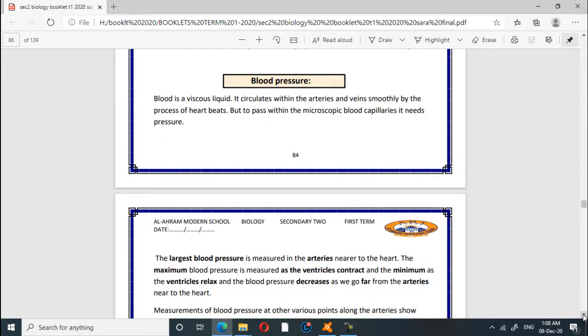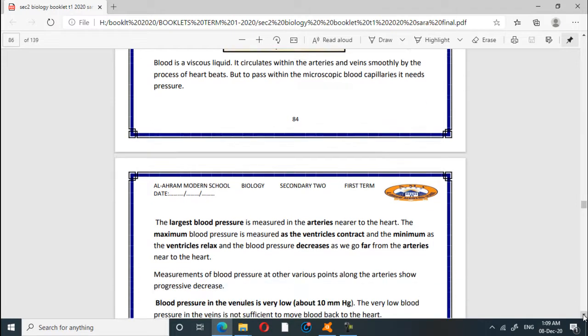Now we will talk about the blood pressure. We have two numbers, one of them in the numerator and the other in the denominator. The upper number is 120 and the lower number is 80. The highest number is called the maximum blood pressure and the lower one is called the lowest blood pressure.